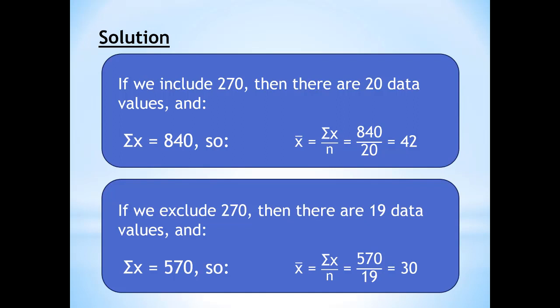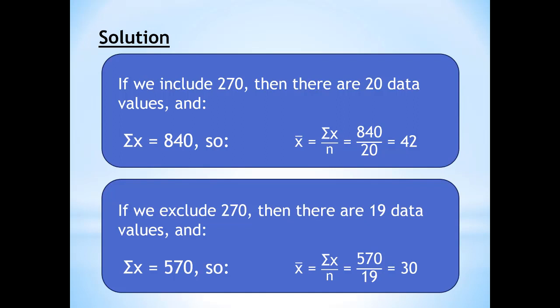So what does that mean? Well, if you think about it, when 270 was not included, the average value was 30. And if you look at the data values, 30 seems like it's kind of in the middle of all of those that are in the 20s and 30s. But when we include the outlier of 270, suddenly the mean gets shifted all the way to 42.